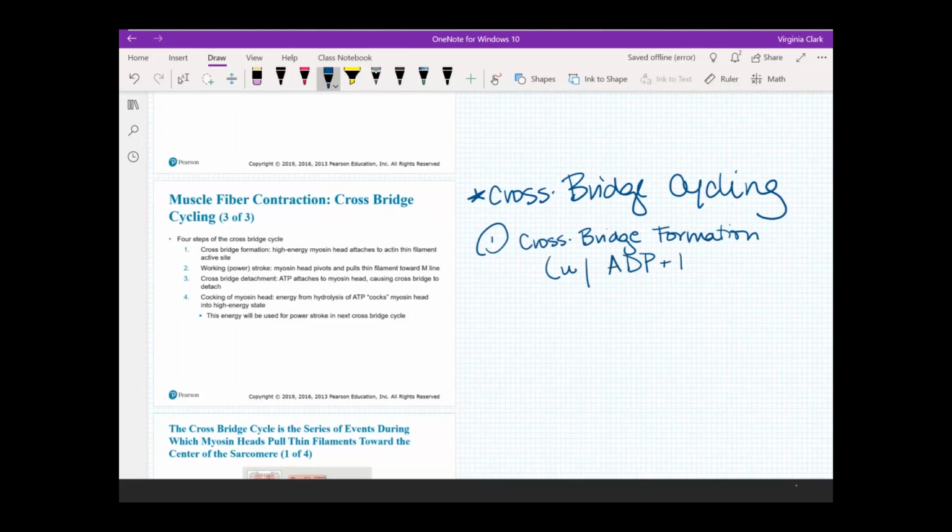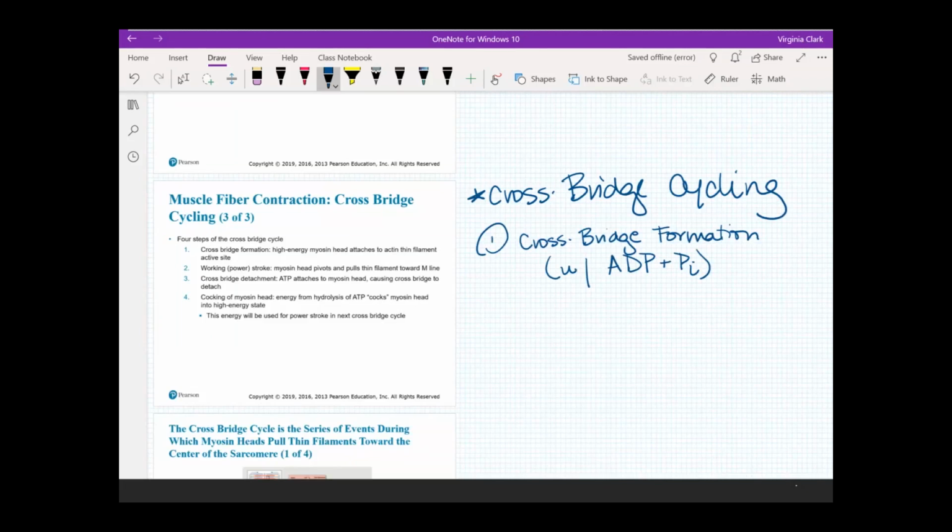ADP plus a phosphate. So you are going to go back to the sections of early Unit 1 where we were talking about ATP, and it had energy if you broke the terminal phosphate and made ADP, adenosine diphosphate. We're going to revisit that concept now. So with a cross-bridge formation, we're doing it with ADP and phosphate.